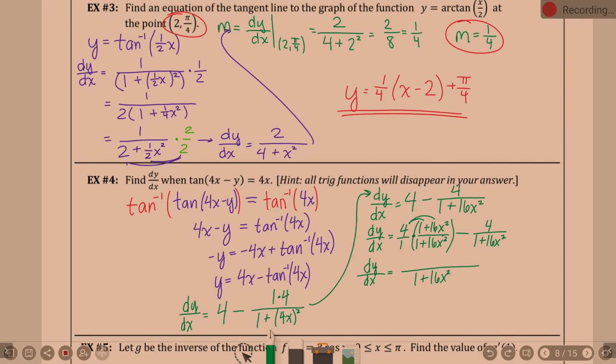So it becomes 4 plus 4 times 16x squared is 64x squared, and then minus 4 from the other fraction. And then what little thing will happen here? The 4's cancel. And I have 64x squared divided by 1 plus 16x squared.